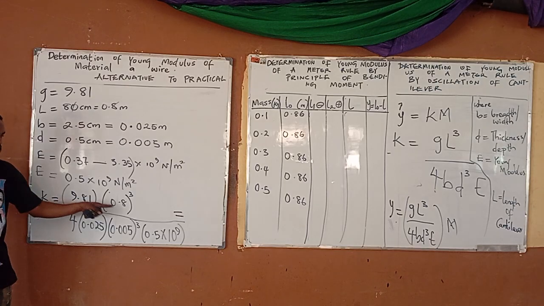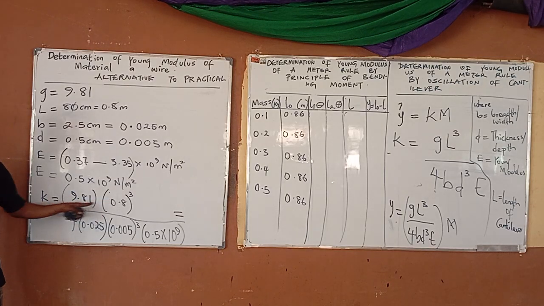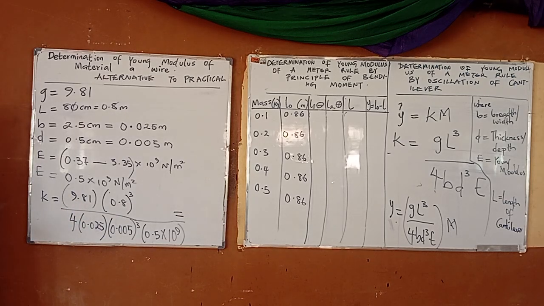9.81, then 0.8 raised to the power 3. Then you times it, then you do the division. What do you have for everything? Always do this thing separately before meeting up. Sometimes your ruler might be misbehaving, your calculator might be misbehaving. A punch, I will give you one thing, you go and write it inside the exam. And do you know one good thing about lecturers? Your mistakes, they've made it. So as you make that mistake and look, the A option is that your answer.